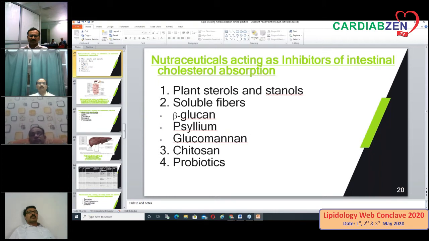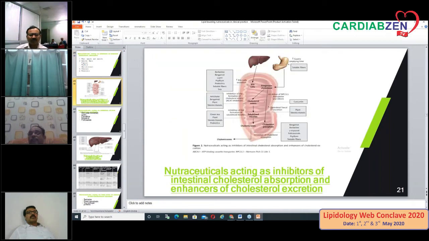They can be soluble fibers like psyllium, and probiotics, which we are using right and left in our clinical practice. Of course, they are available in prebiotics, but probiotics can be made available to patients separately.